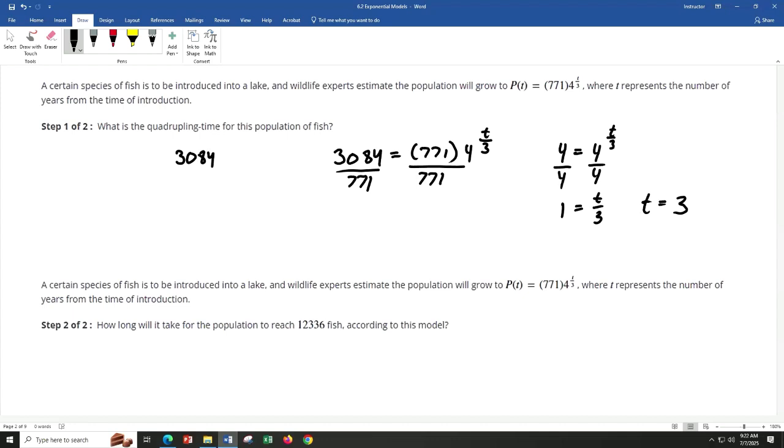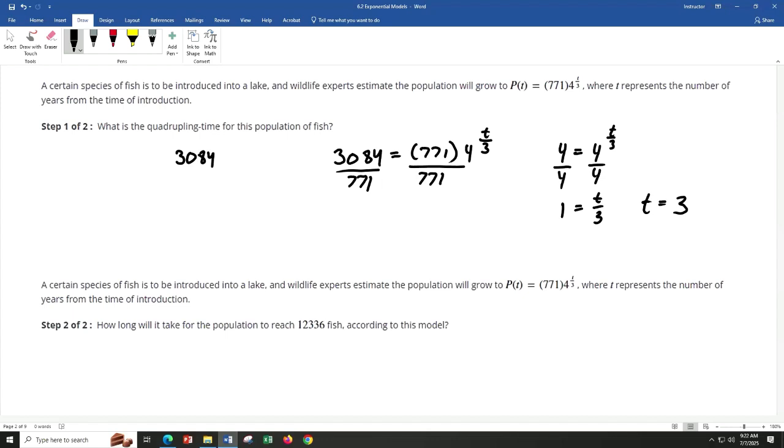How do I know that's going to work? Well, let's look at it this way. If I plug 3 in for T, 3 divided by 3 is just 1. 4 to the power of 1 is just 4. 4 times 771 does give me my 3,084.